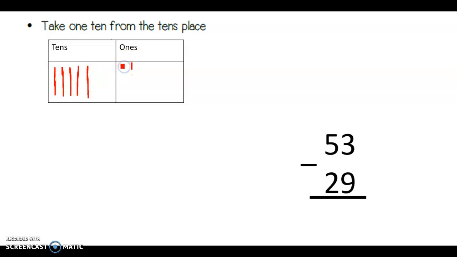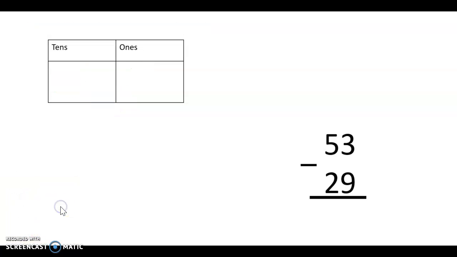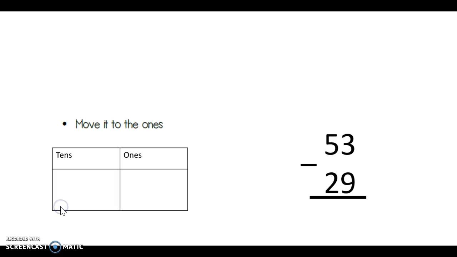And remember, I already have 3 ones right here. And I'm going to take one of my tens, and it's going to come over to my ones. All right, so now I have to move it to the ones.